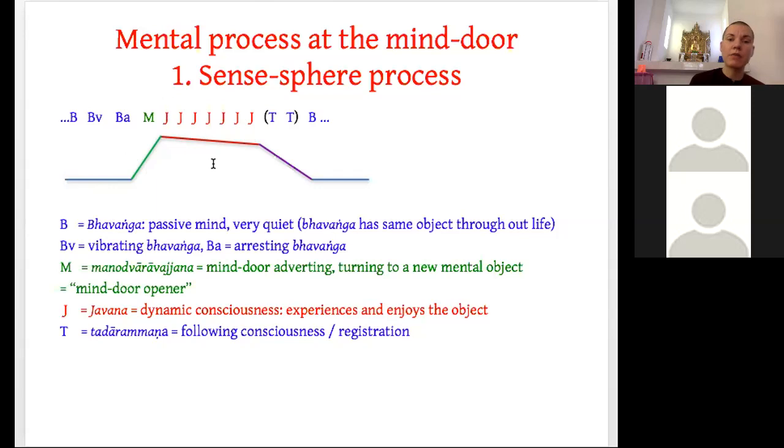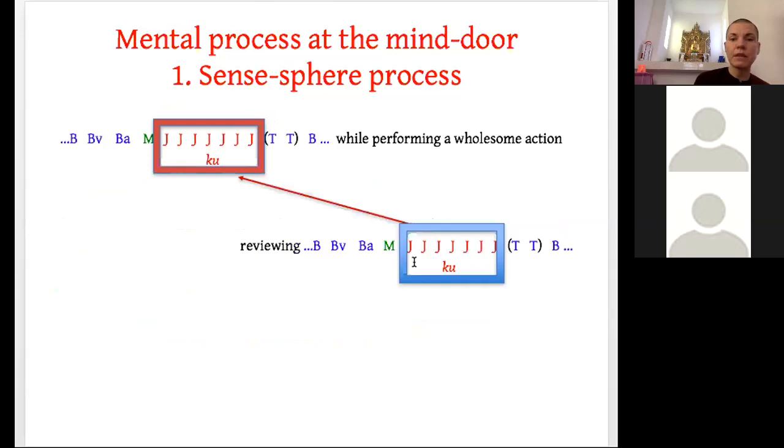So that's in the past. Now, when one is thinking about that previously done action, one is not reviewing "I have done an action." That's not what is meant here.